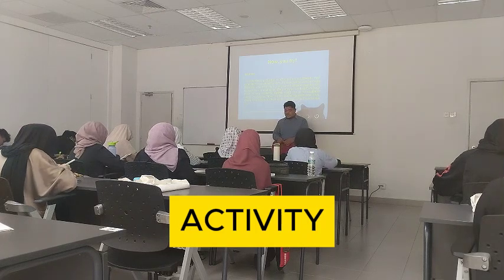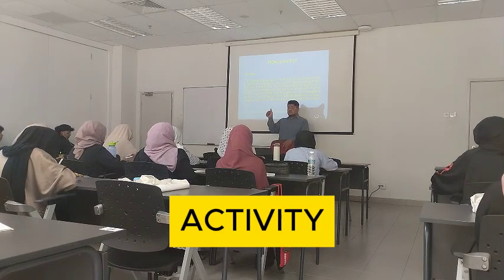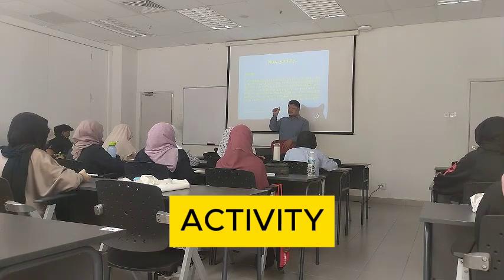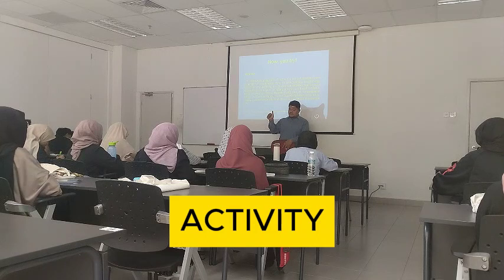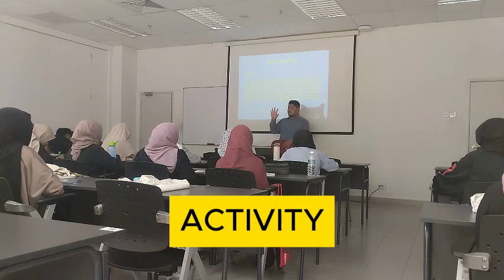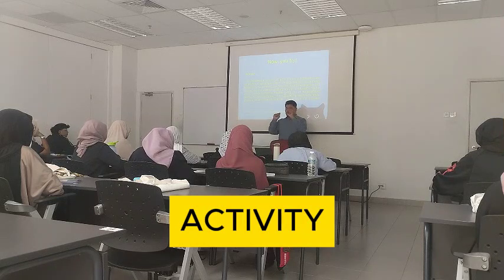Using those, we can try to extract. First, you need to read. You can skim and then read again to look at the information that you need to extract using those 5 Ws, and then after that put it in a paragraph, in a full sentence.